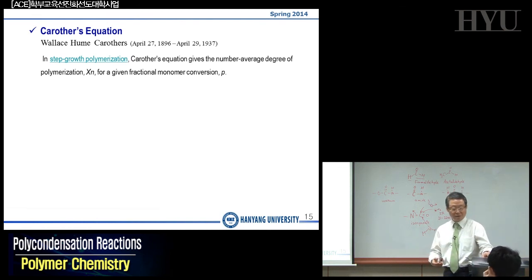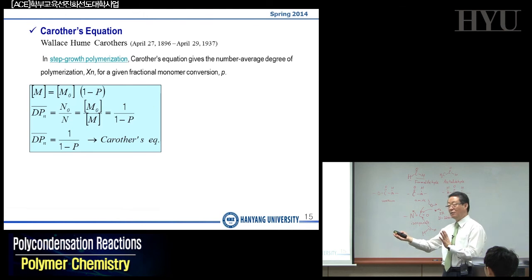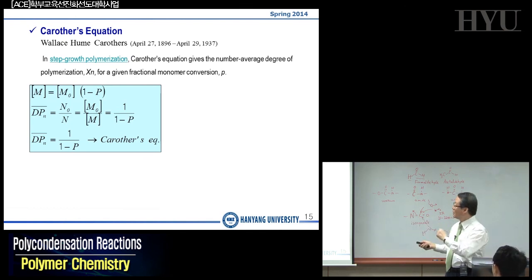You need to know the initial concentration of your monomer, and if you know the conversion or extent of reaction, p, then you will be able to find the monomer concentration at time t, after some time later, after reaction.